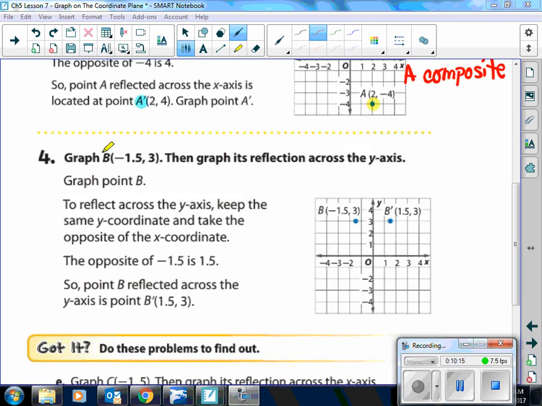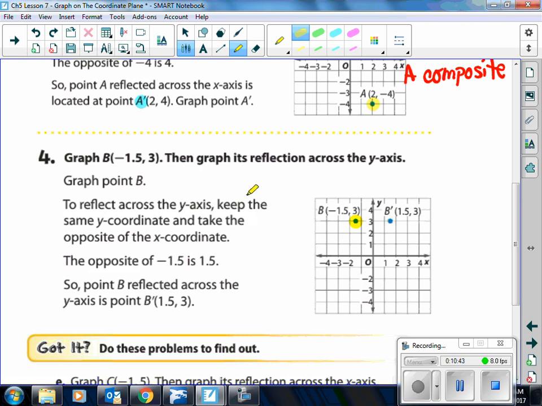So for example 4, we're going to graph B and then graph its reflection across the y-axis. So here, point B is at negative 1 1/2, comma 3. So negative 1 1/2, comma 3 is right there.